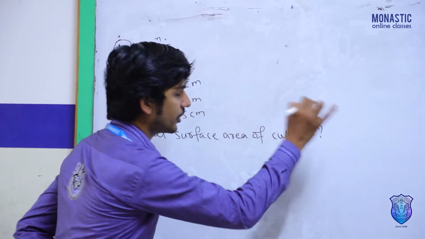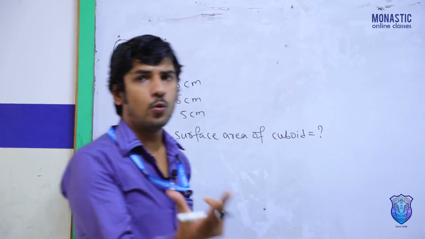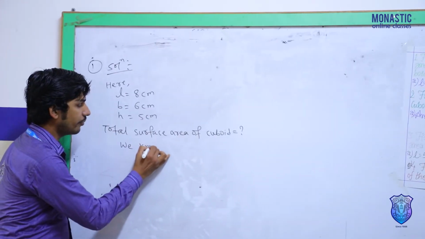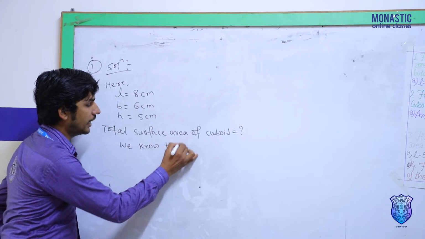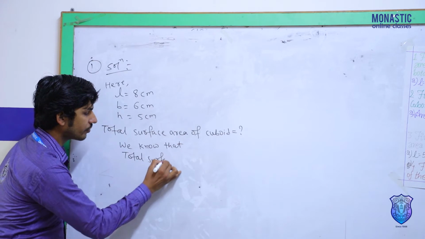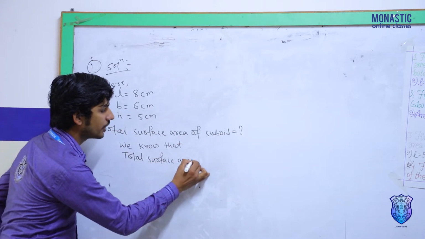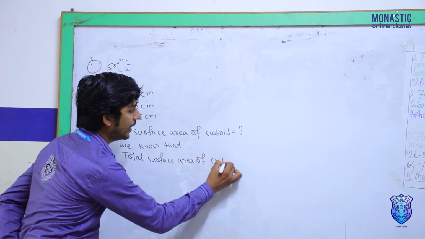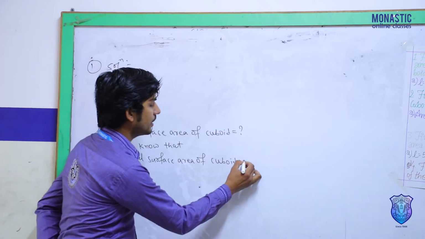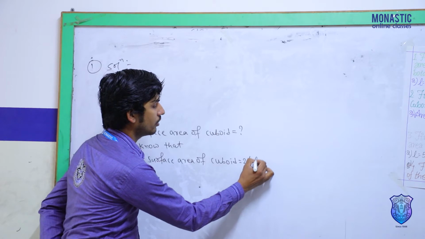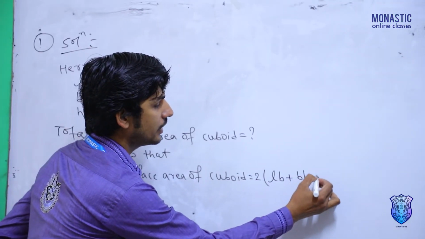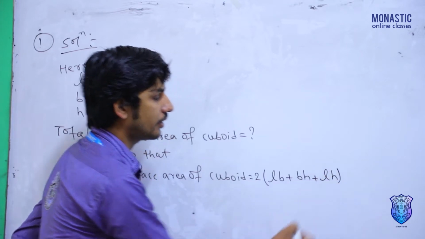We know that the total surface area of a cuboid is equal to 2 into (length into breadth plus breadth into height plus length into height).